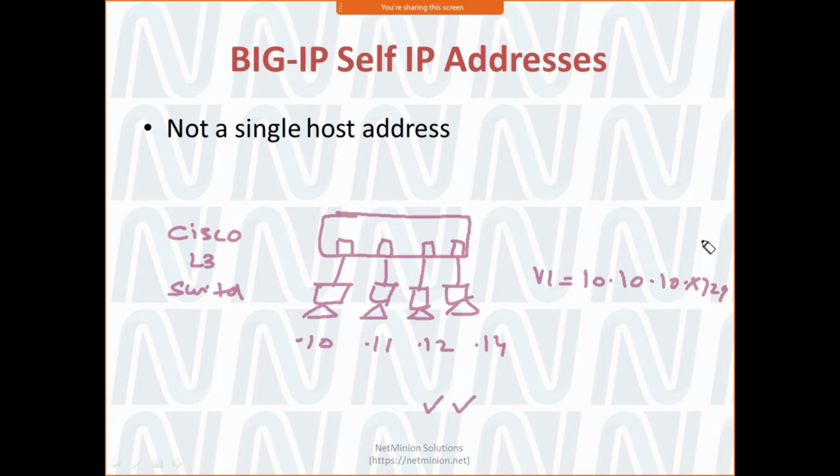Let us suppose we are adding one more port, but this port is under VLAN 20, which has the 10.10.20.x/24 range. If I am not adding any layer 3 device over here, is it possible to communicate between these two VLANs? Yes or no?